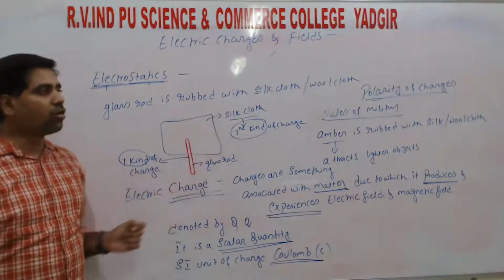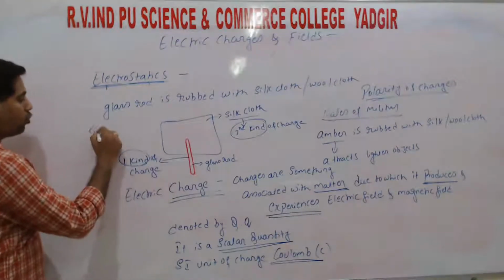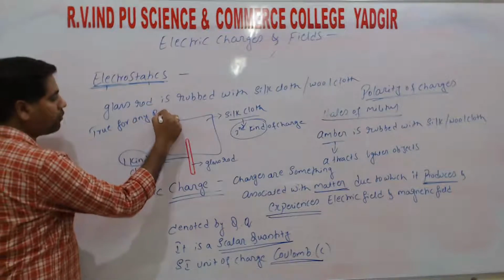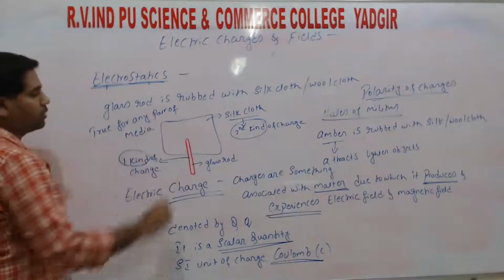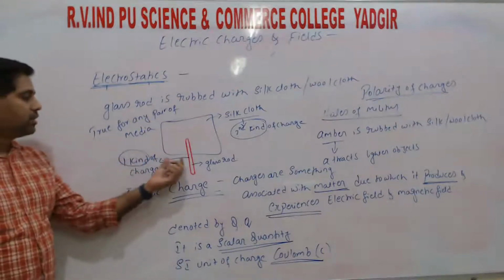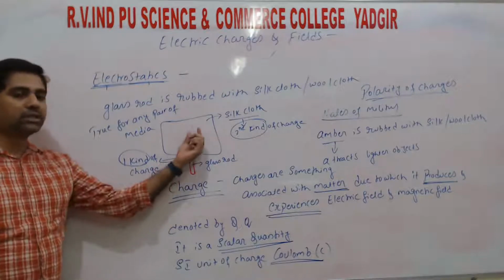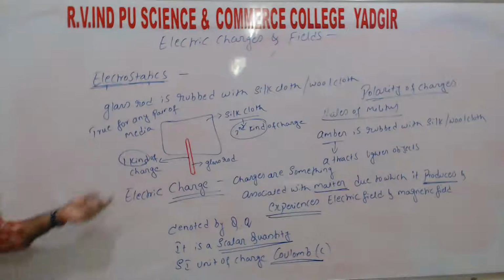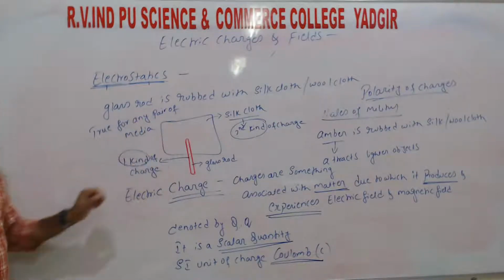This is true for any pair of media. If we rub any two materials, one material acquires one kind of charge and the other material acquires another kind of charge. Pair means two, so this is true for any pair of media.